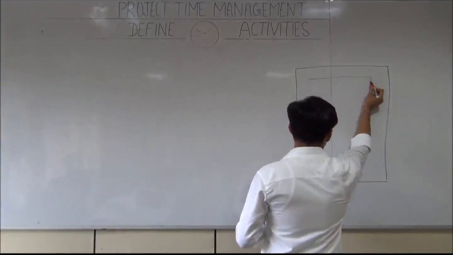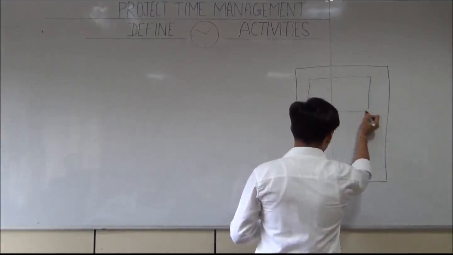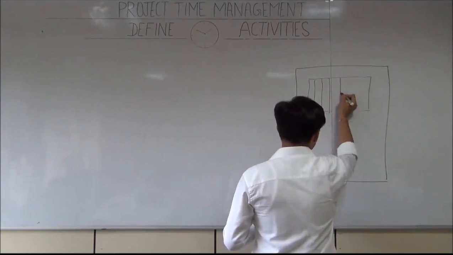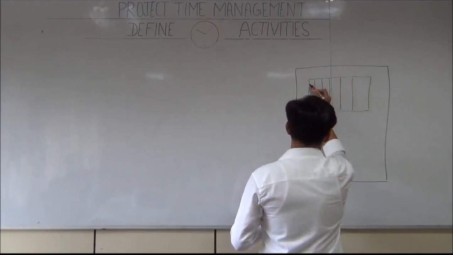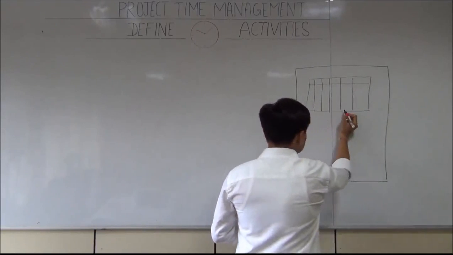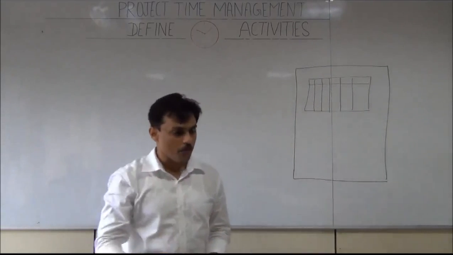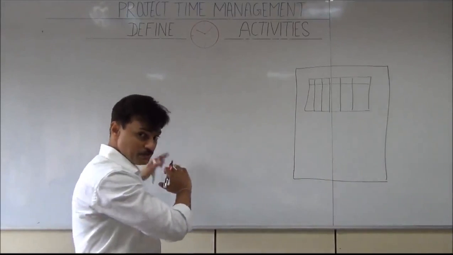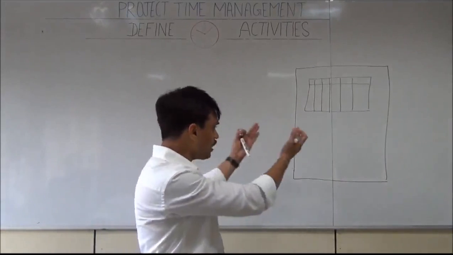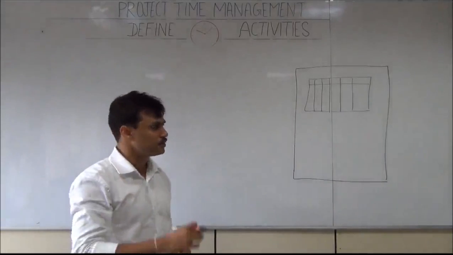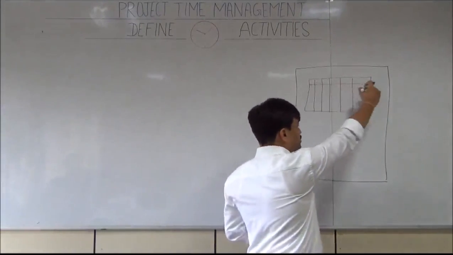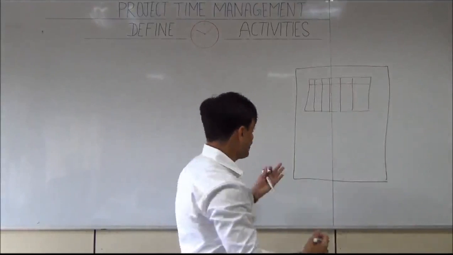Now this activity list can be sorted, and you may identify various attributes to explain the particular activities. Now the attributes may depend upon your organization template. We have been talking about the schedule management plan, so it depends. We will be discussing how we identify those elements, but you might have some templates which drive that all these attributes should exist in your activities.